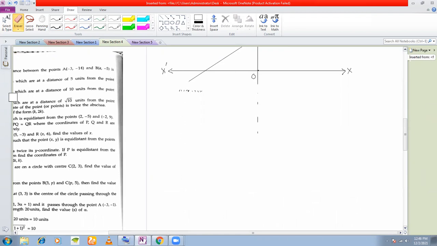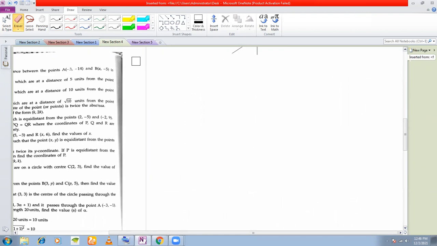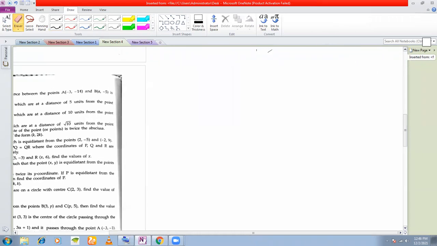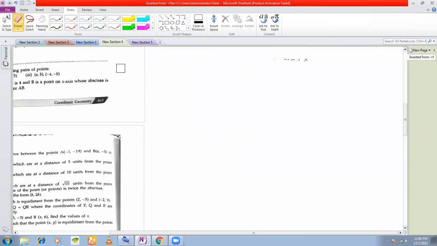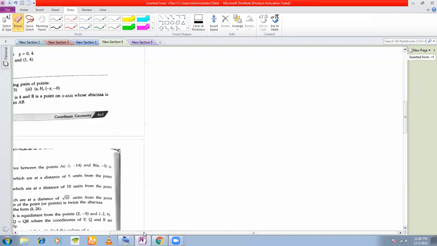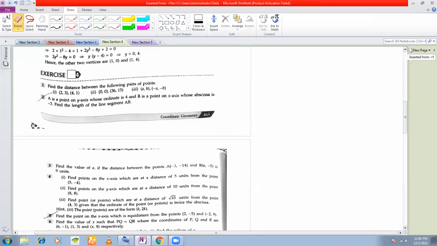Let us take a very simple question to start with from the exercise. Let us take part 1. Find the distance between the pair of points. If you see, the given points are 2, 3 and 4, 1.